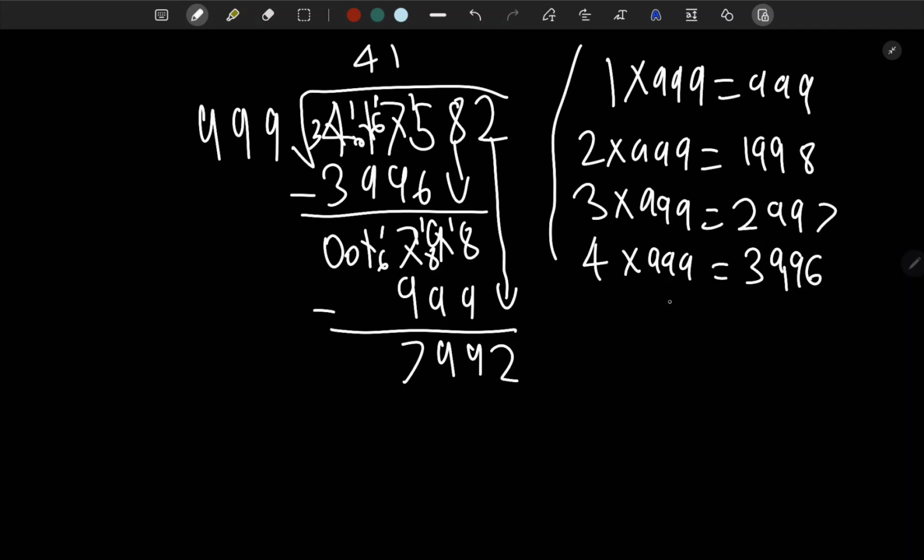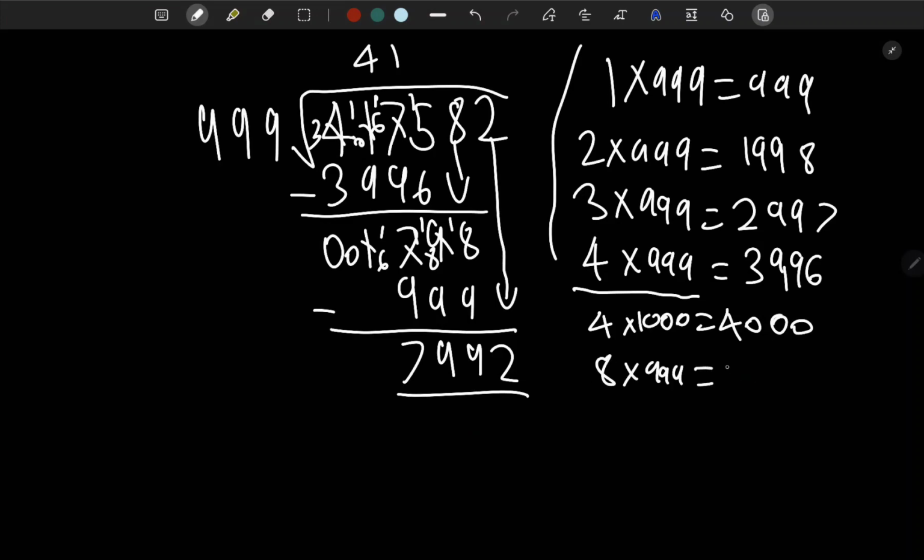So if you look at these numbers, let's take 4 times 999. What is 4 times 1000? It is equal to 4000, and all we're doing is just minusing 4. So here, if we notice, this is just going to be 8 times 999, which is 7992.